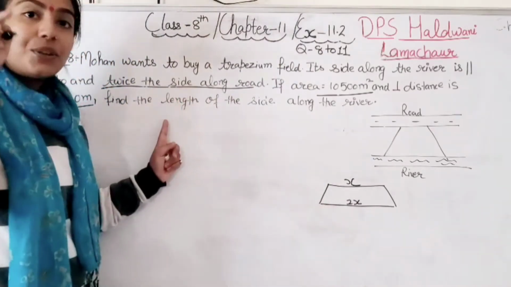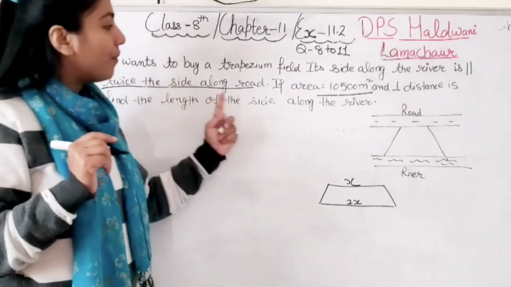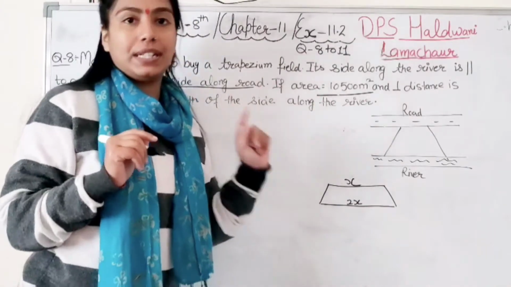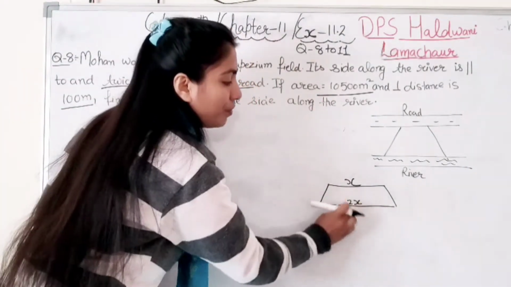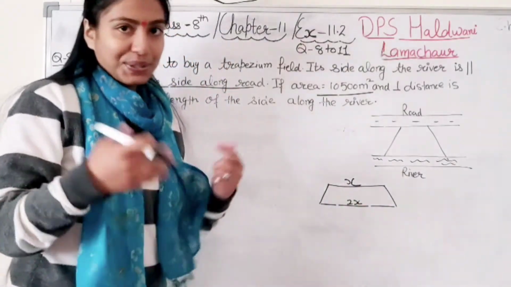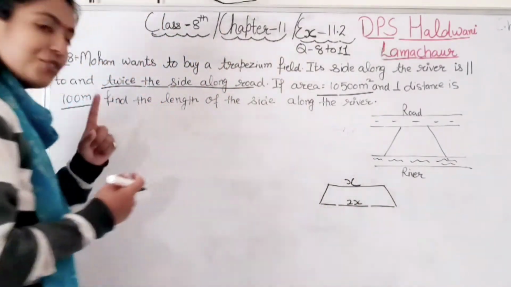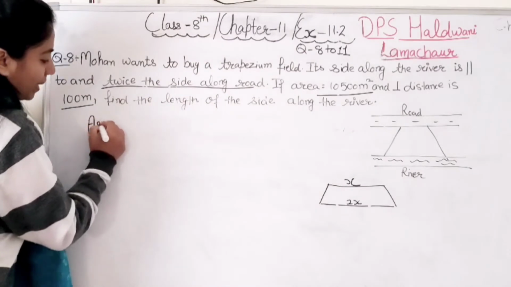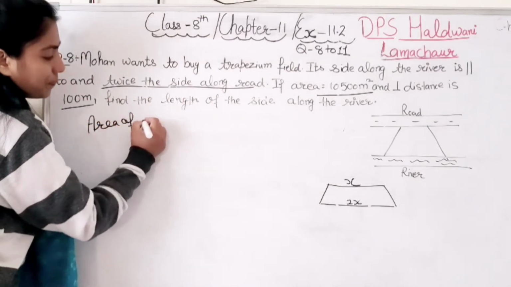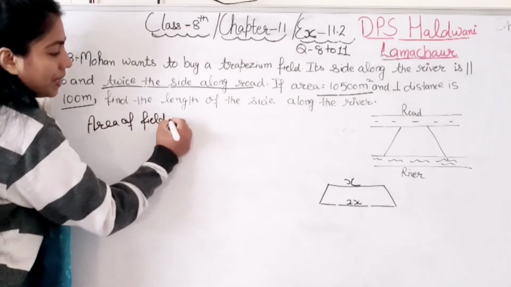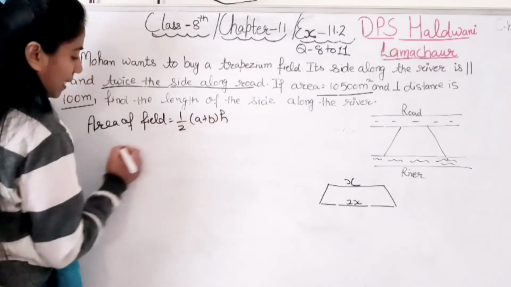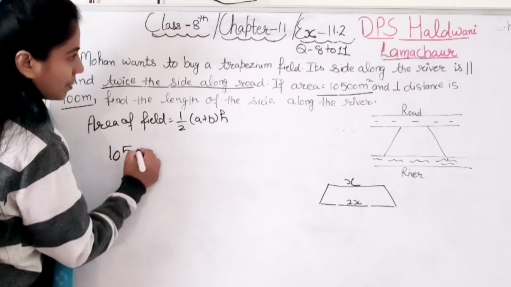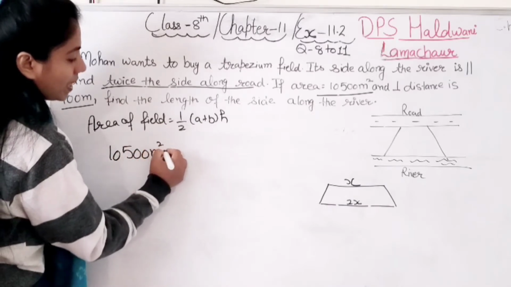What is the question? Find the length of the side along the river. It means this 2x you need to find out. So very simple, students. First of all, it is a trapezium, so the area of the field is half into (a plus b) into h. The area is given as 10500 meters square.